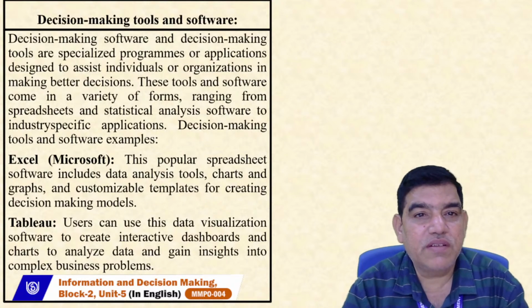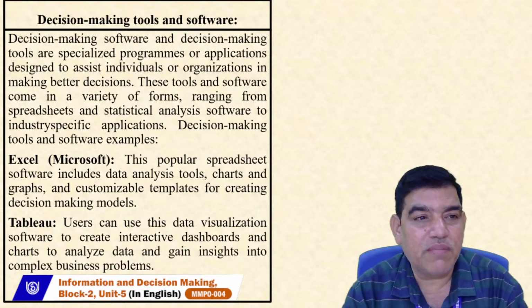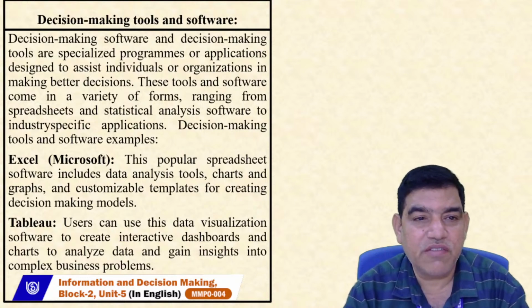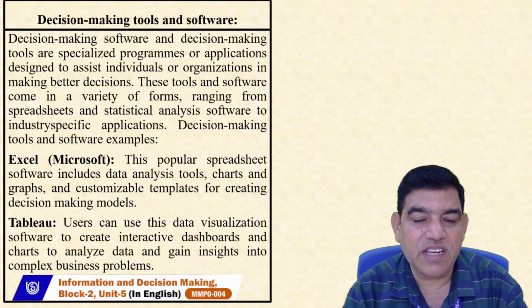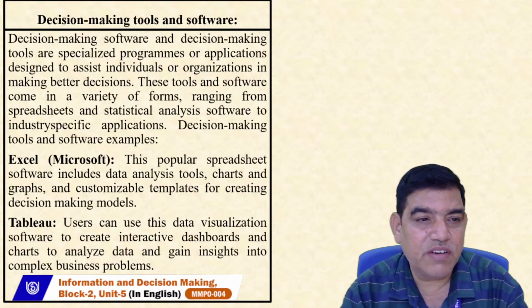Decision making software and decision making tools are specialized programs or applications designed to assist individuals or organizations in making better decisions. These tools and software come in a variety of forms, ranging from spreadsheet and statistical analysis software to industry specific applications. Decision making tools and software examples.